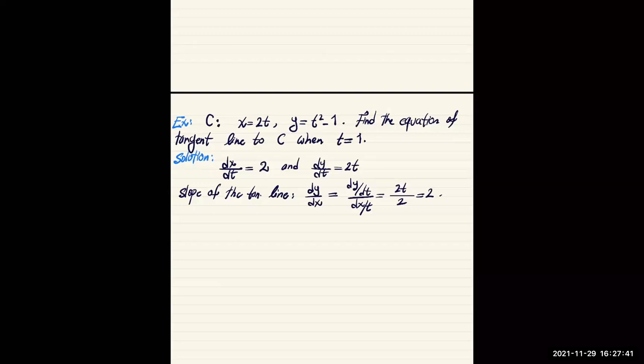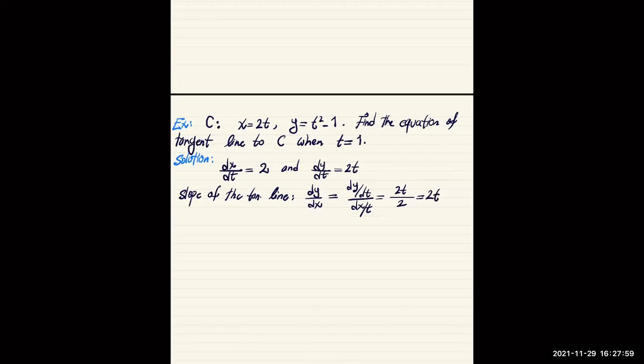Oh, right, 2t, sorry about that. What am I saying? The slope can't be constant. This is just t.